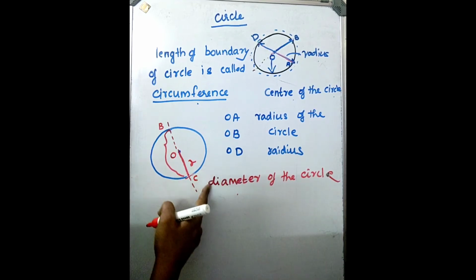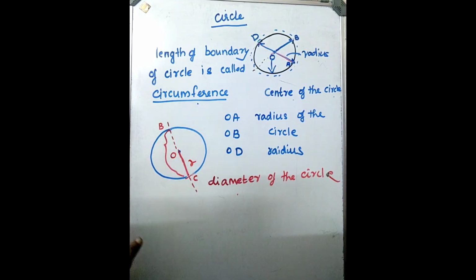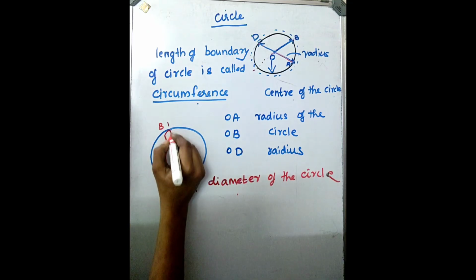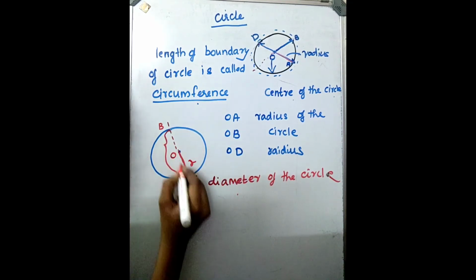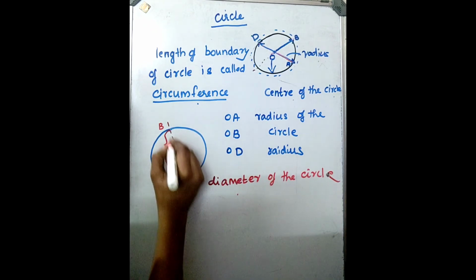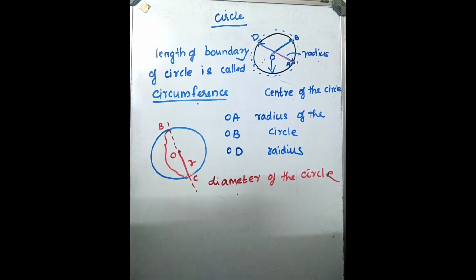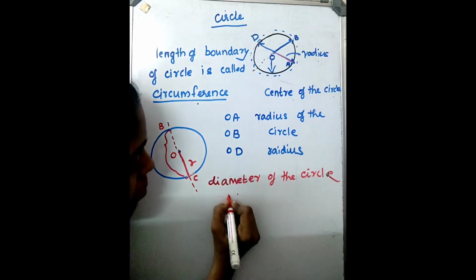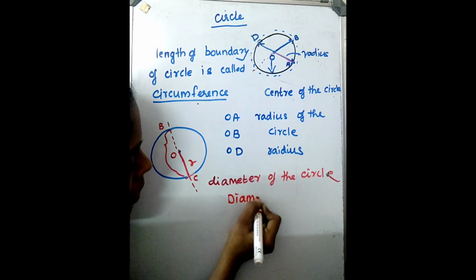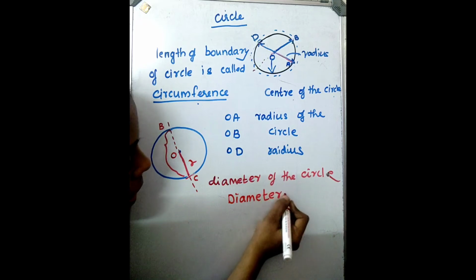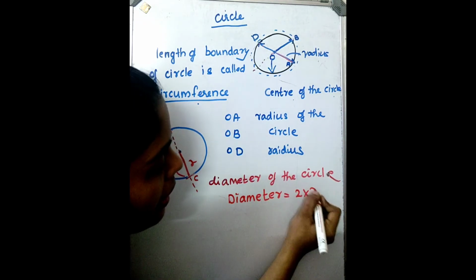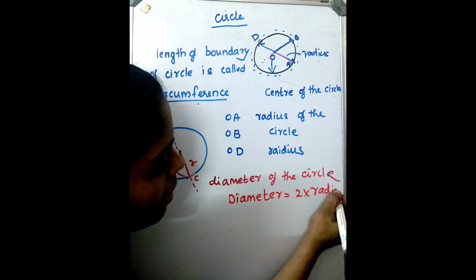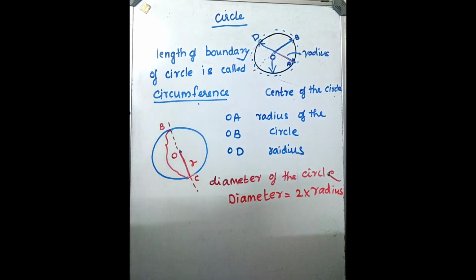So what is the diameter? The diameter is double the radius. This is a radius, this is a radius. When two radii join together, it becomes the diameter. So I can write: diameter equals double the radius.